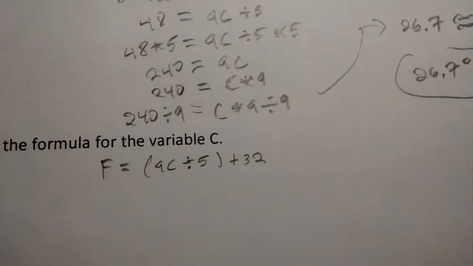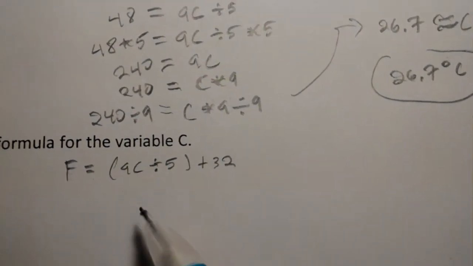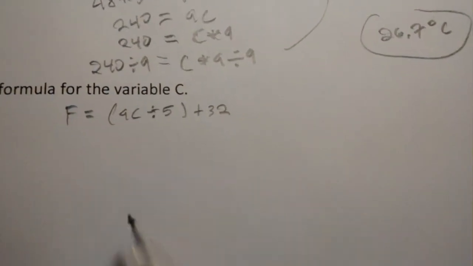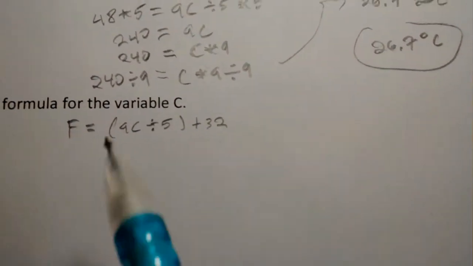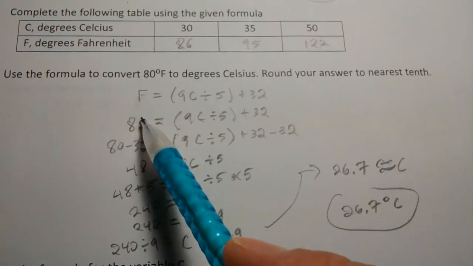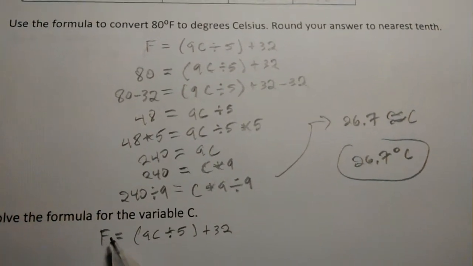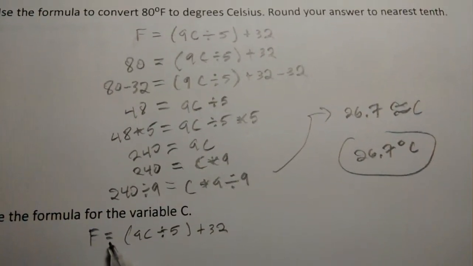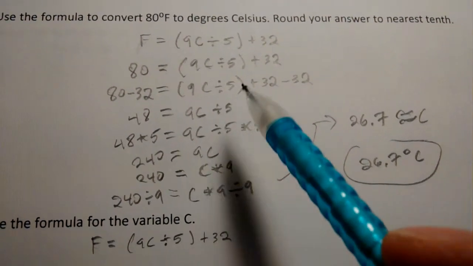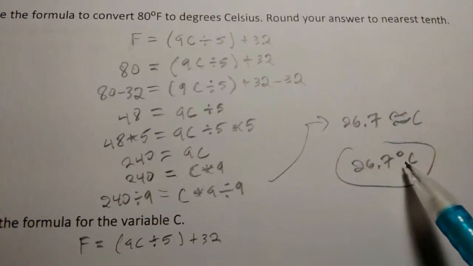So the idea here is to use algebra to get c by itself, and the answer will be c equals an expression. Before, we had a value for f, which was 80. Here we don't have a value for f, so this f is going to stay with our work. It's the exact same algebra steps we used to solve for this corresponding c value.